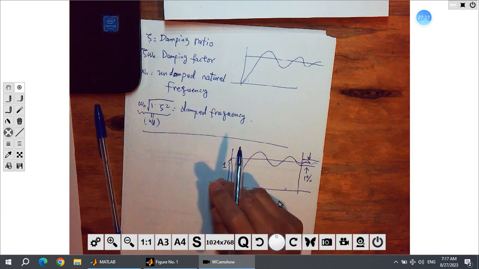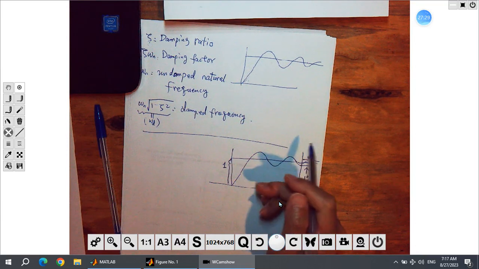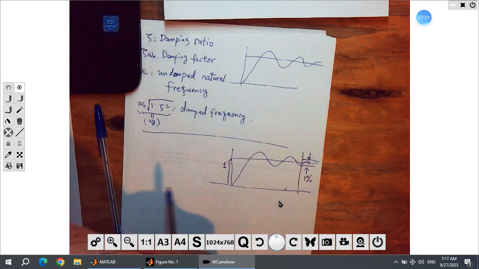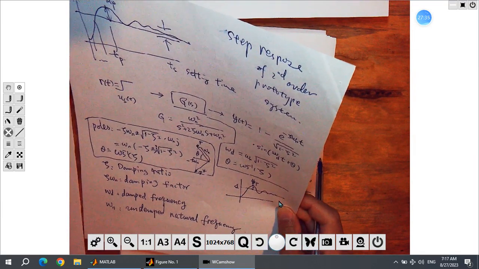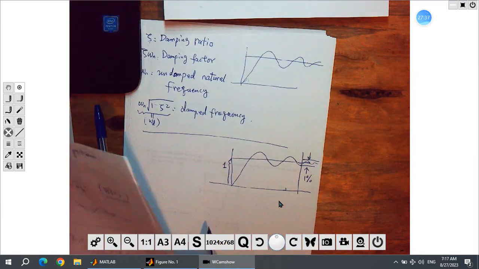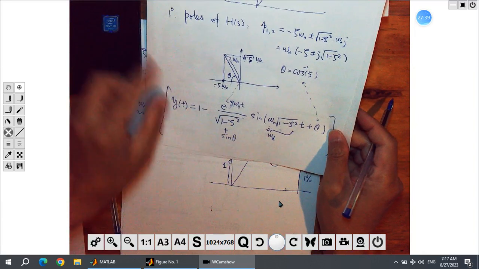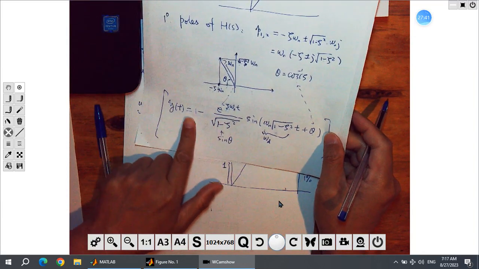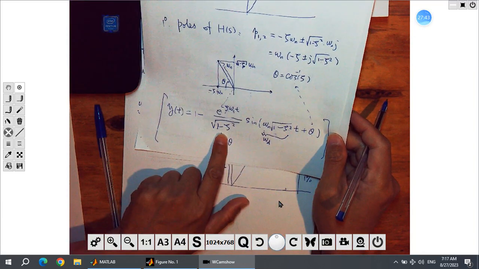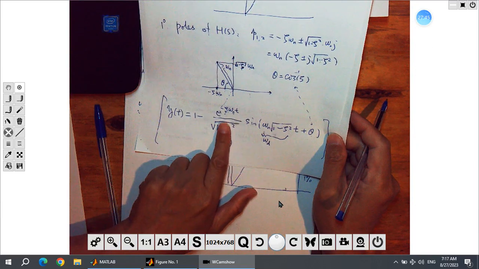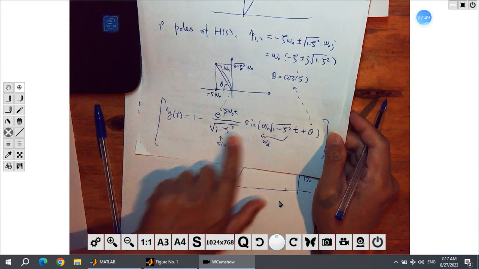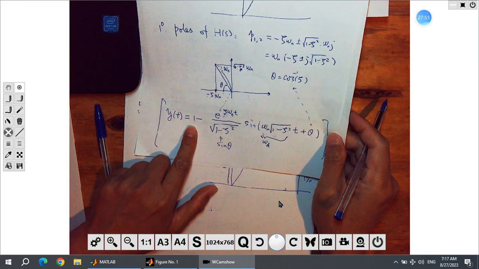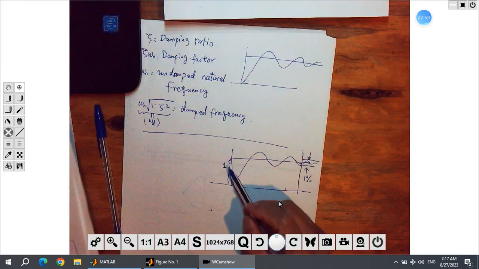You look at the output solution equation. It's right here, 1 minus this part. So when t is large enough, this amplitude tends to be 0. So this part is 0. You only have 1. The limit is 1.